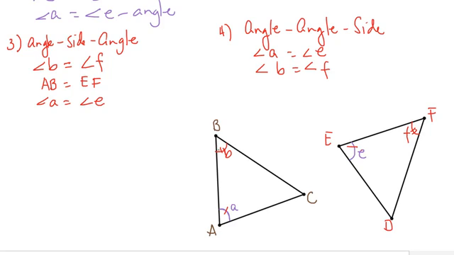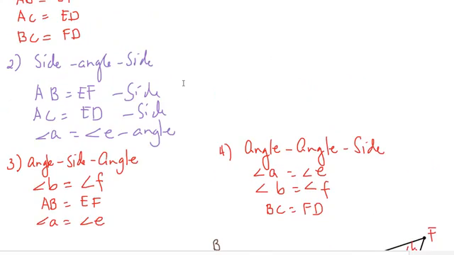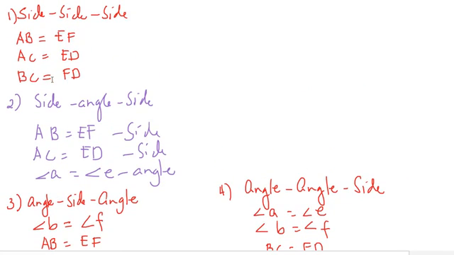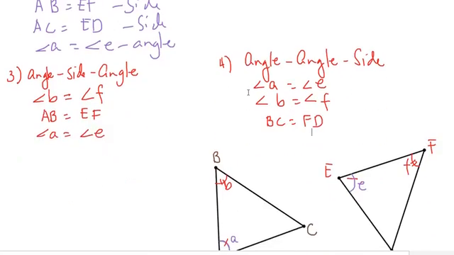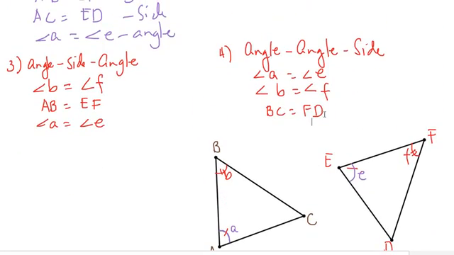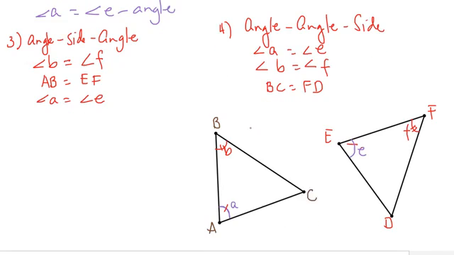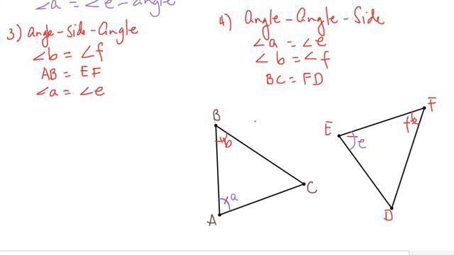That means it's not in between. For example, side BC is equal to FD, as we have declared here in number 1, which is not in between of these angles that we have just discussed. Then these two triangles are also congruent.